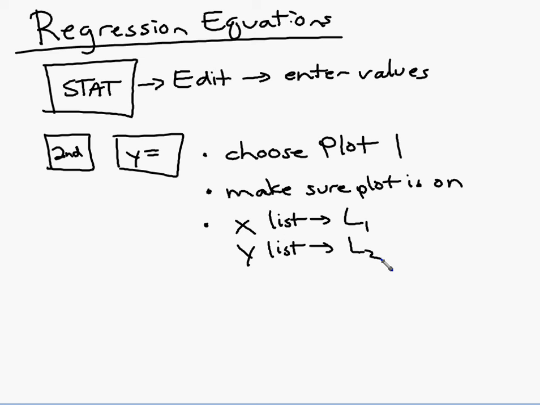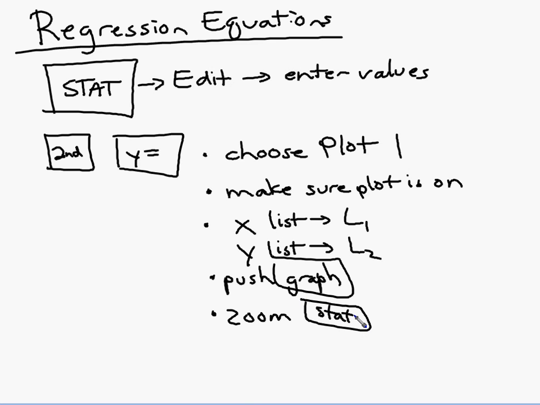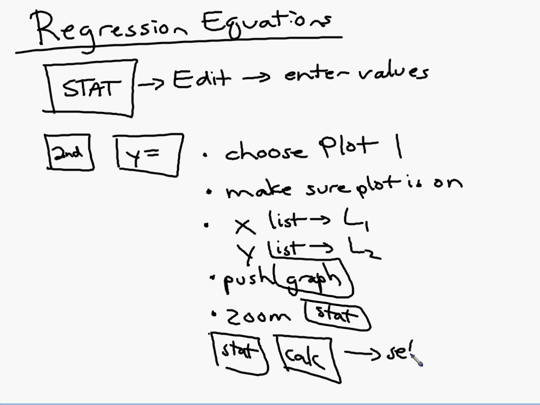Then you will push graph, and you want to use zoom stat. After you do that, then you will use stat, and this will all make sense after we do one. Stat calc to select the type of equation. Okay?